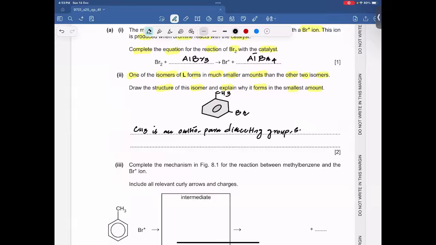So it directs the electrophile only on the second, fourth, and sixth carbon atom.